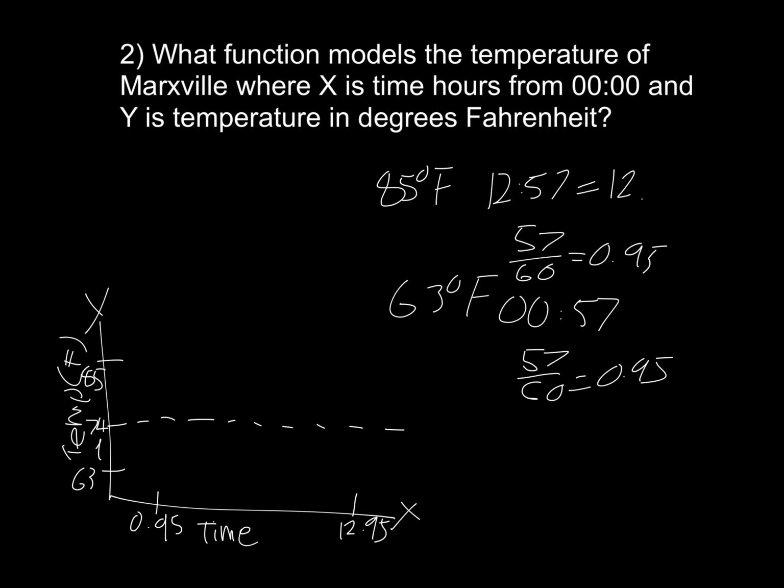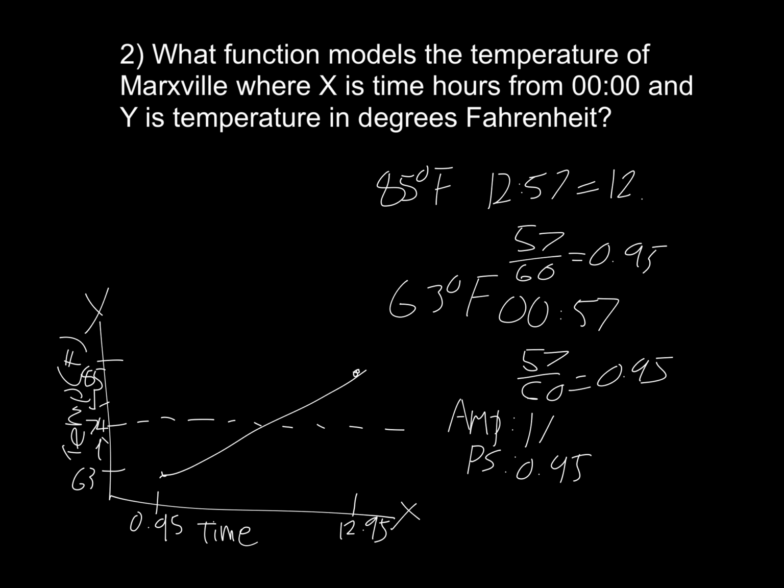And from 63 to 74, that's 11, so that gives us our amplitude, and from 85 to 74, it's still 11. Let's go ahead and connect our dots. So this is 11, and our phase shift is from 0 to 0.95, so that's 0.95.